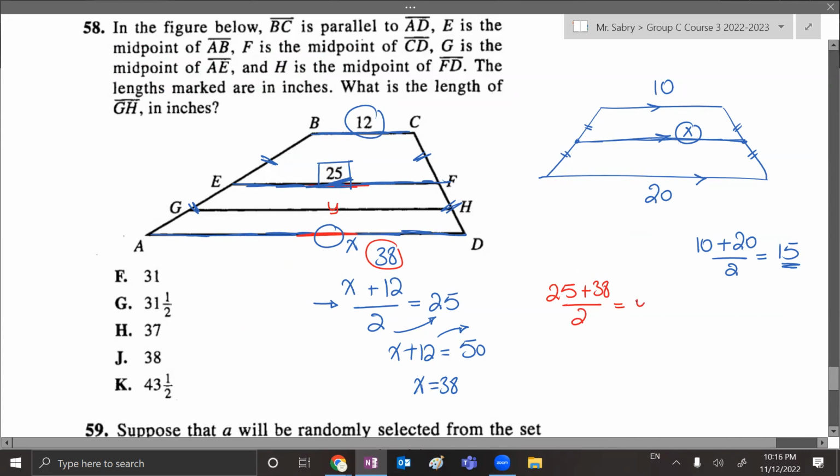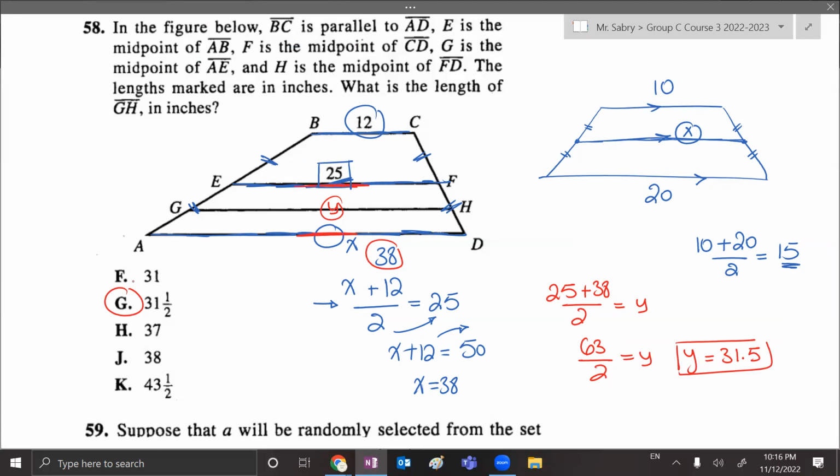That should get me the measure of the side in the middle, which is y. 25 plus 38 is 63 over 2. So then y is equal to 31.5. Does this make sense? Everyone, does this make sense?